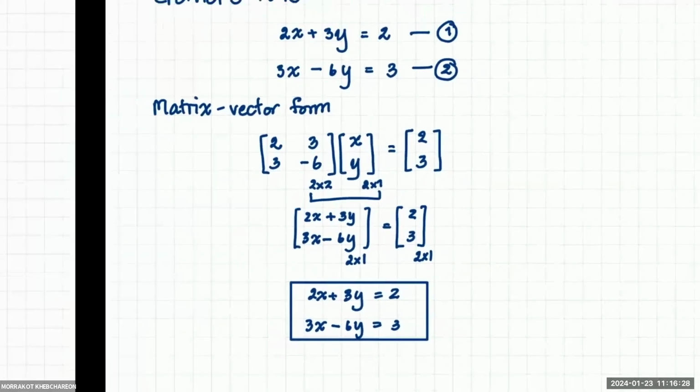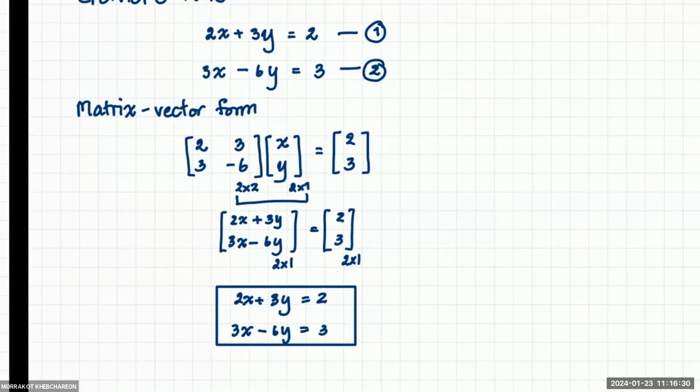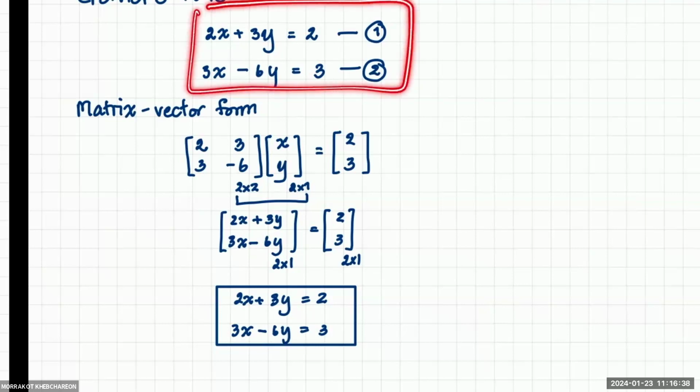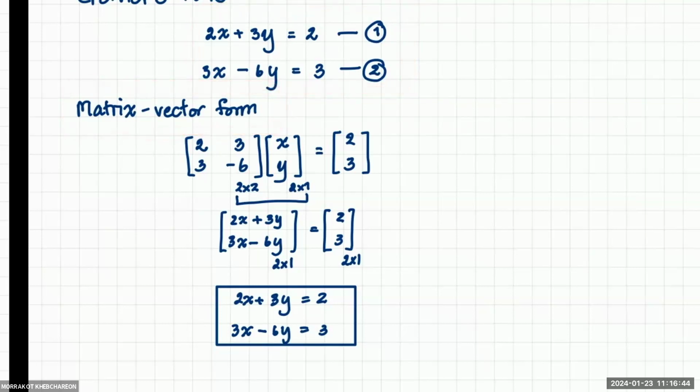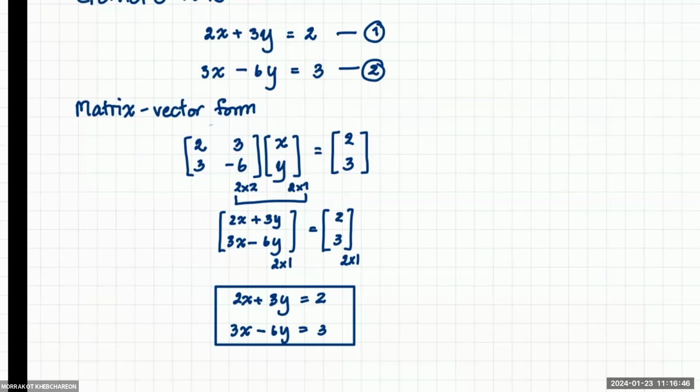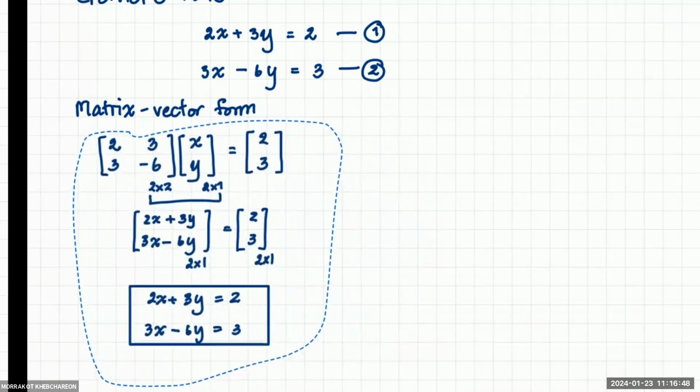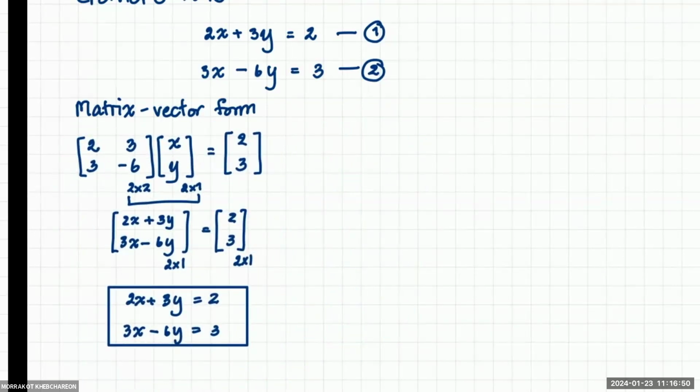So you should be able to rewrite this system of linear equations in the matrix vector form. Now by Cramer's rule, to find x, you use the determinant of the matrix.